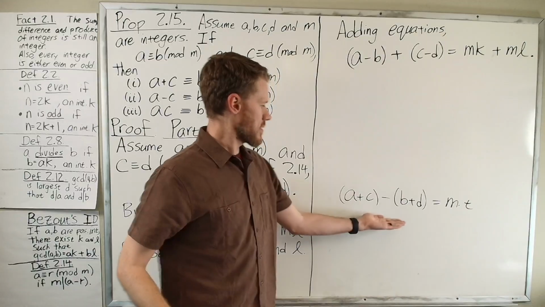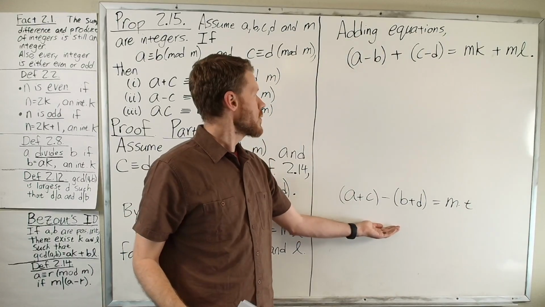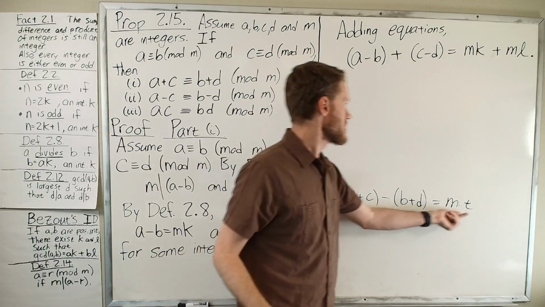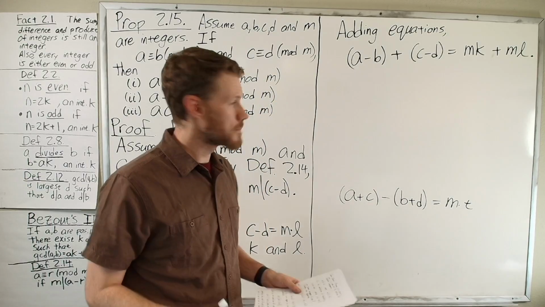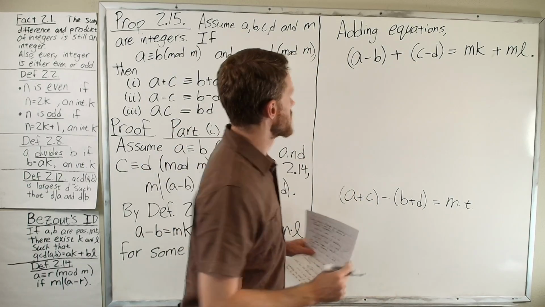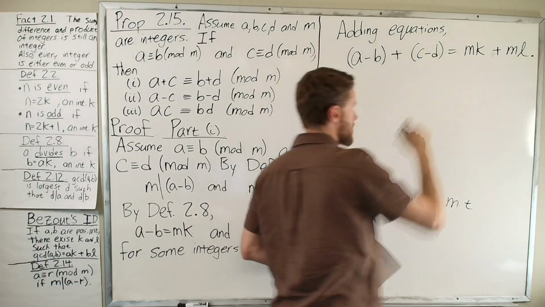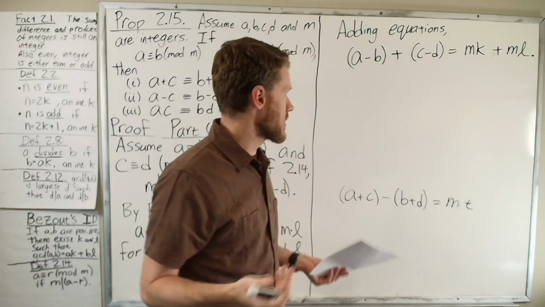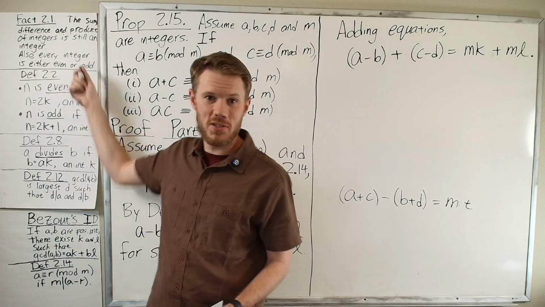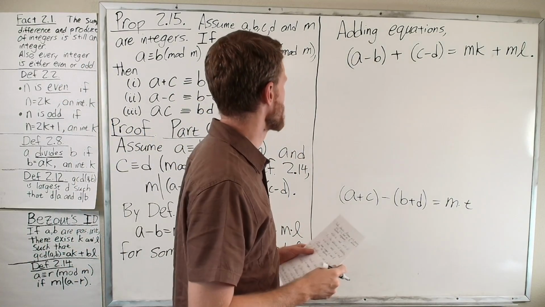And again, we're trying to get down to this point. We don't have a plus c minus b plus d. We don't have m times t. But do you see how to get there? t just has to be any integer. So on the right-hand side, you could factor out the m, and that gives you a k plus l, which are integers. Way back to fact 2.1, that's going to be an integer.